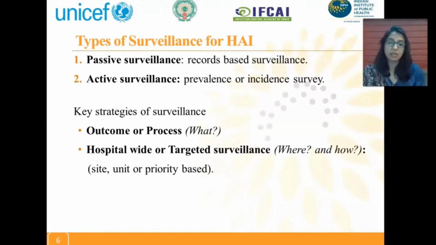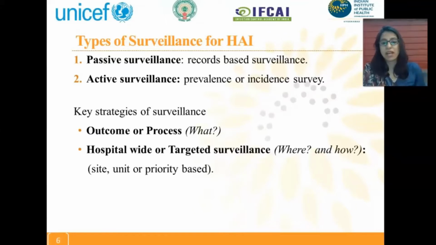Then you have to decide whether it is going to be hospital wide surveillance or targeted surveillance. Hospital wide means that for the same kind of infection, you look into every ward, every ICU, and link it with the laboratories. Whereas targeted would mean that you look into a specific area, a particular unit or ICUs, and decide which infections you want to prioritize.